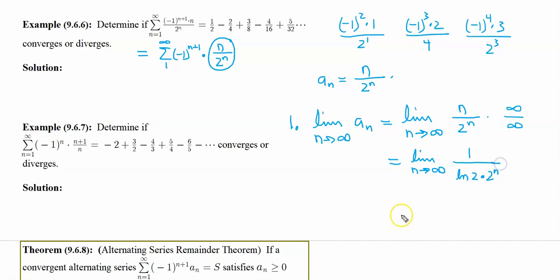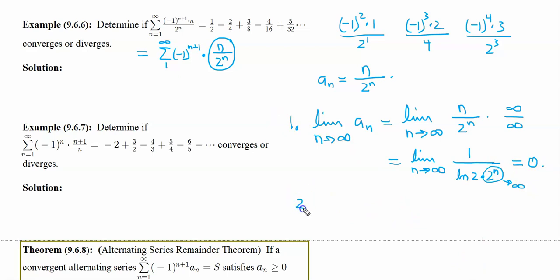You have to remember that the derivative of a to the nth power is the natural log of a times a to the n. We went over that previously when we were discussing differentiating exponents. Now as n goes to infinity, since this term right here goes to infinity, our limit here is 0. So yes, condition 1 is satisfied.